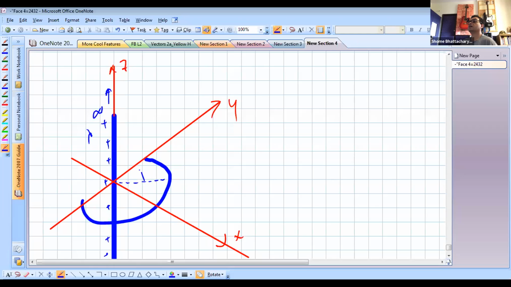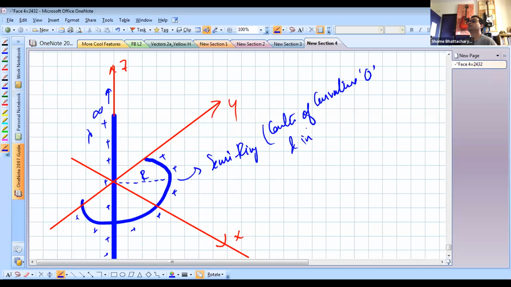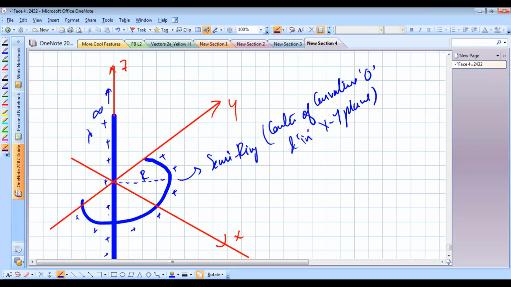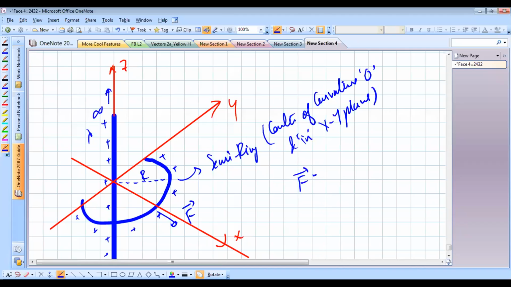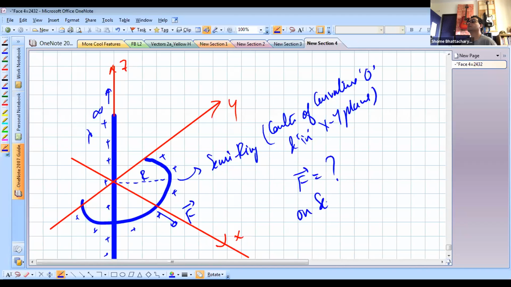There is a semi-ring of radius r, which has the same lambda, with center of curvature O, in the XY plane. In fact, its diameter is along the y-axis. We want to find the force on this semi-ring. Yes, the force on the semi-ring.